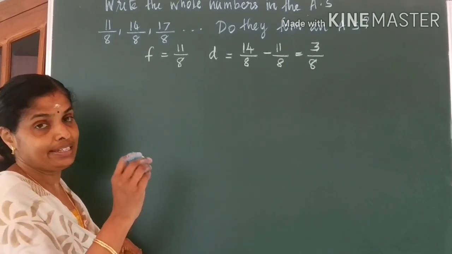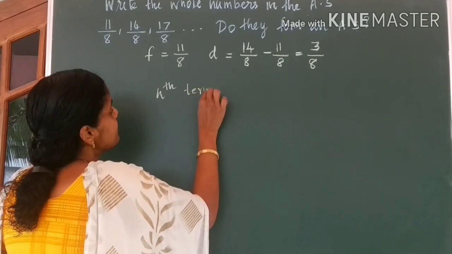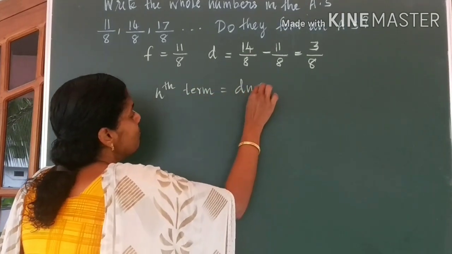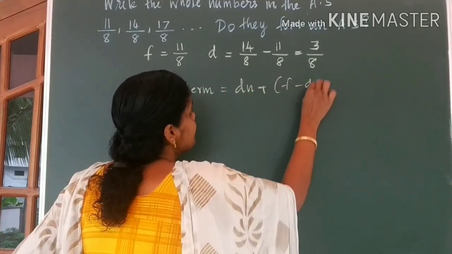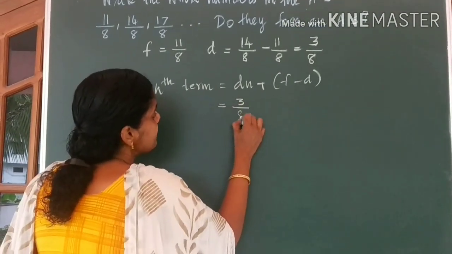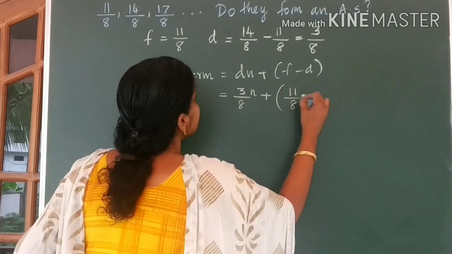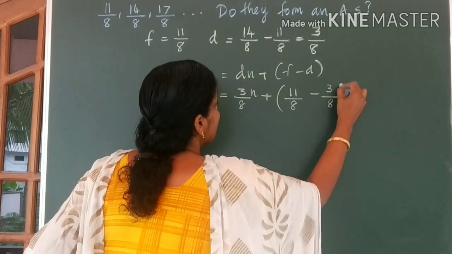Now let us write the nth term. We know nth term is equal to dn plus f minus d. That is equal to 3 by 8 n plus 11 by 8 minus 3 by 8.